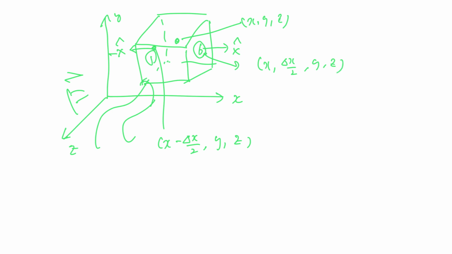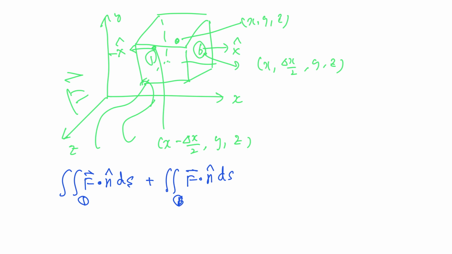So we are going to do this one, F dot n dS over 1 plus F dot n dS over 6. So for 1 the normal direction is minus x, right?